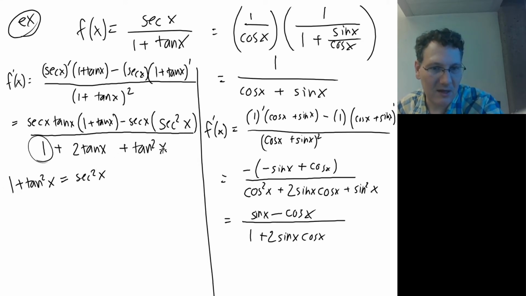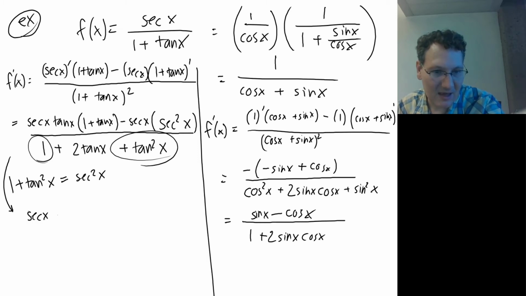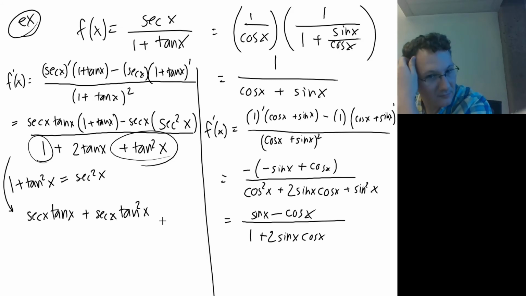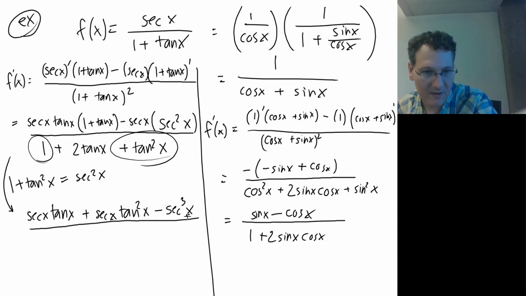So down here, the 1 plus tangent squared, I can write as secant squared x if I wanted to. It's all a bit messy, but so we have secant x tan x plus secant x tan squared x minus secant cubed x, all this over secant squared x plus 2 tan x.